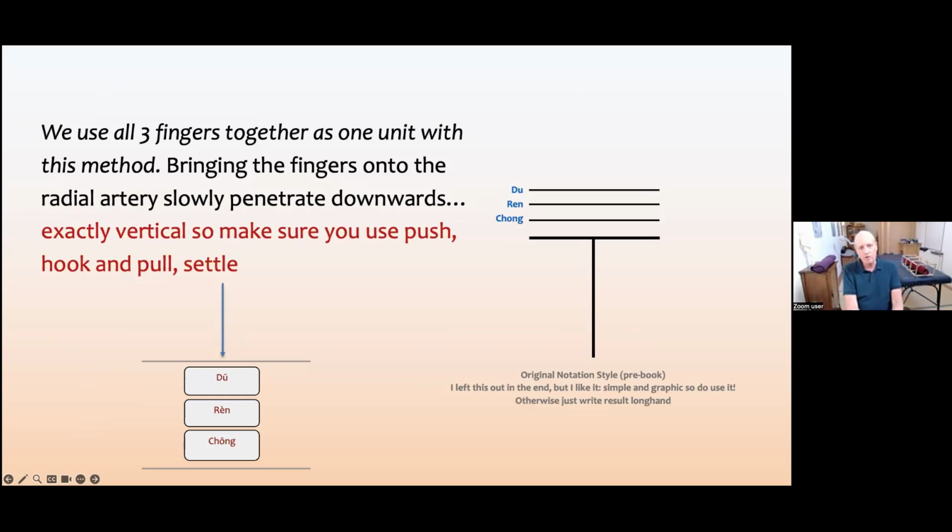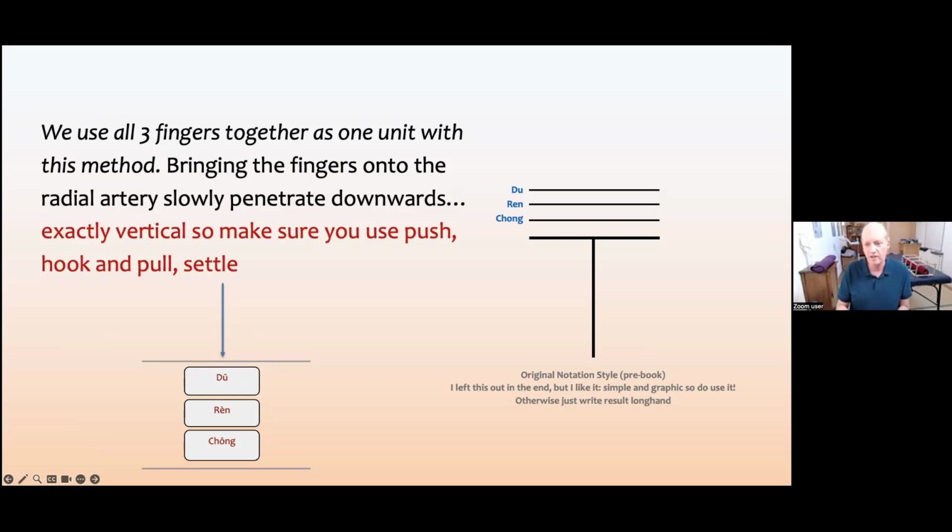Okay, so we use all three fingers together as one unit with this method as before. So the B1 is just about the midline coming down. All right. So this one has not got the sides. This B1 bit for do, ren, and chong is only from the top. Okay.